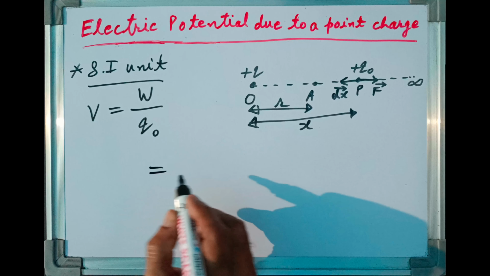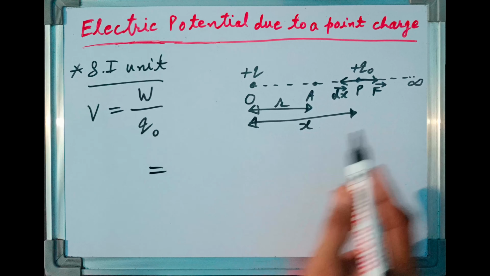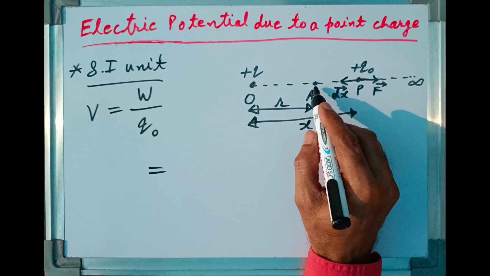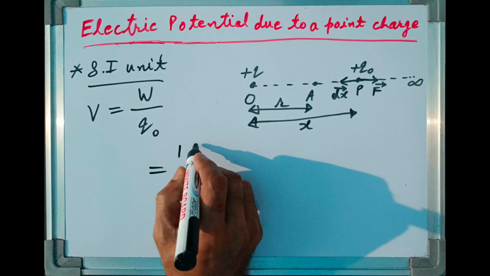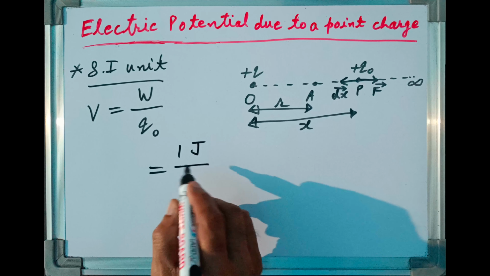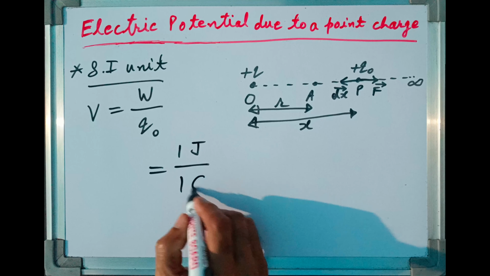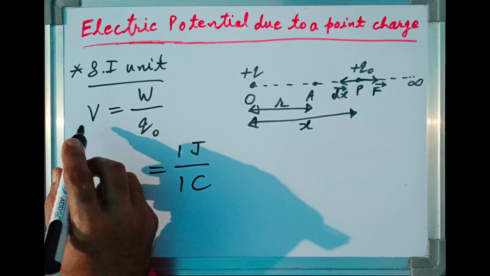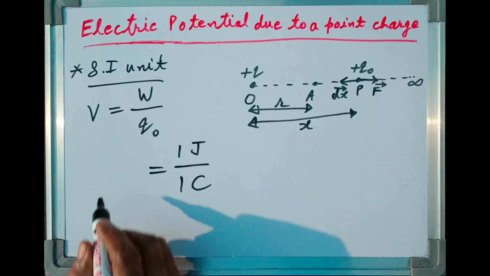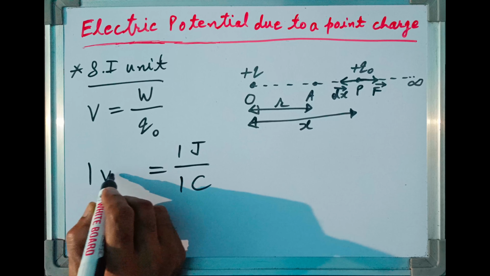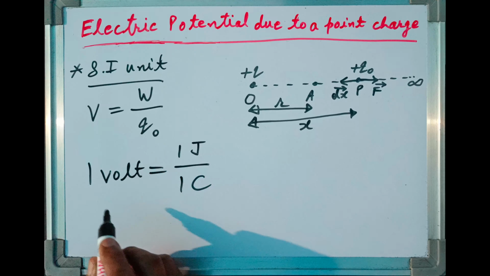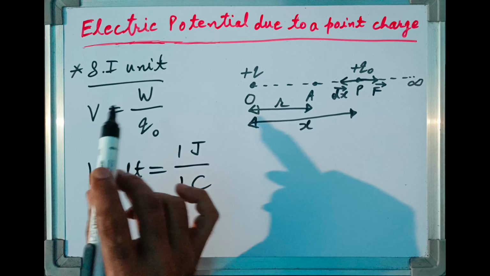If work done in moving the test charge from infinity to the point of observation is 1 joule, and the magnitude of test charge is 1 coulomb, then the unit of potential is known as 1 volt. So this is the SI unit of electric potential.